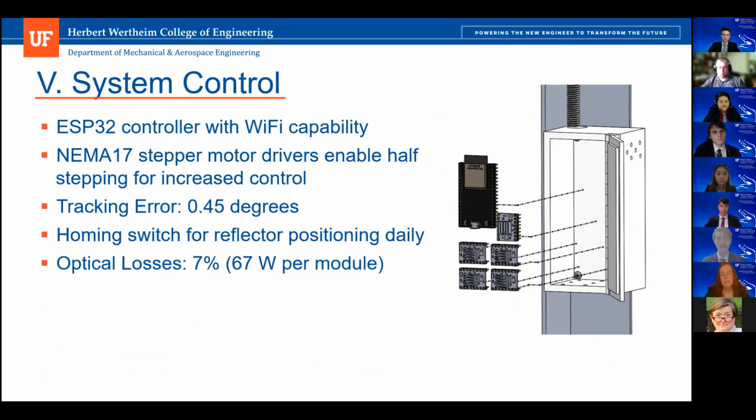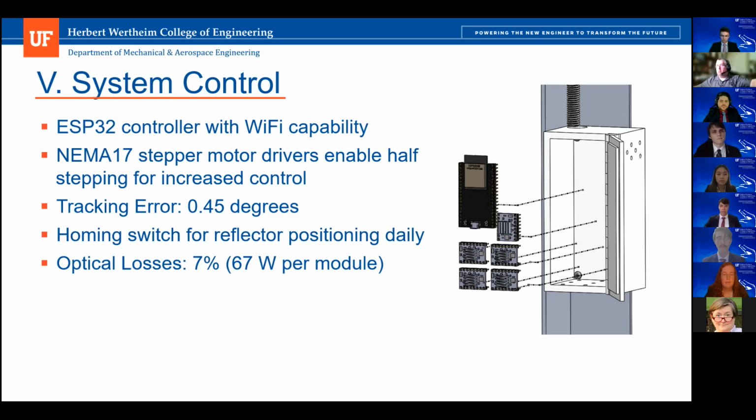Our control system is composed of an ESP32 microcontroller that has both Wi-Fi and Bluetooth capabilities to send control signals to a central hub command computer to allow for automation of the heliostat's motion or rotation.